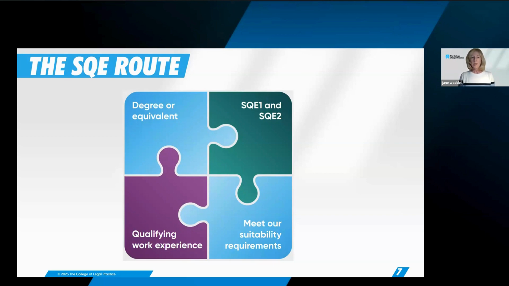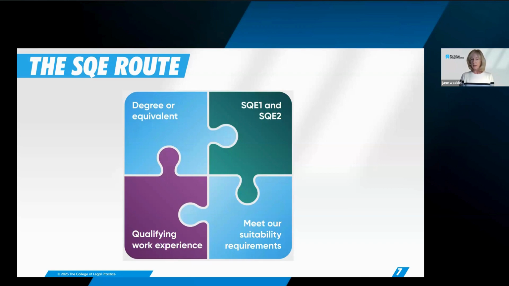So what does the SQE route look like? Well, it's much more flexible than the old route. In this little diagram on your screens, which is one the SRA use, the bookends are the two blue puzzles. So the degree or equivalent. You have to start with that, and most of you, I think, it will be a degree.